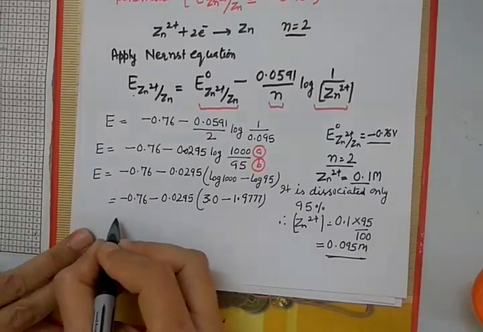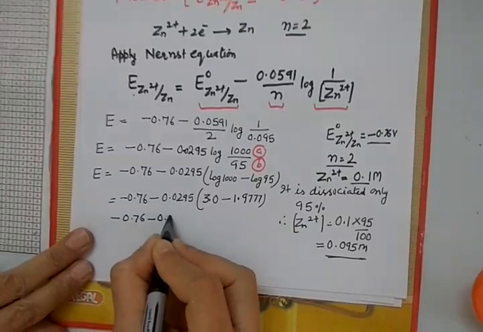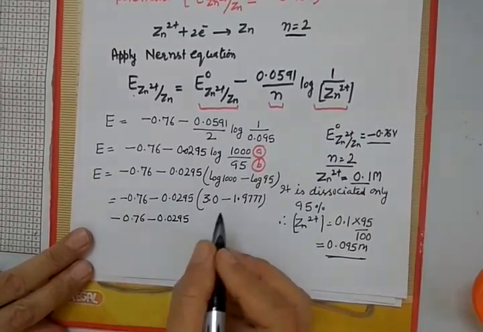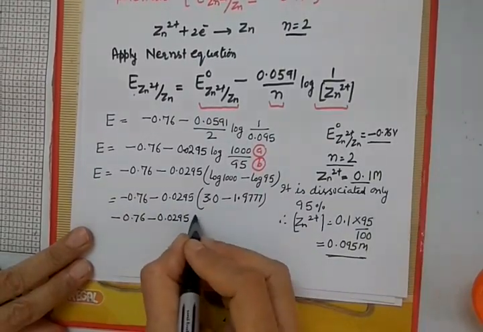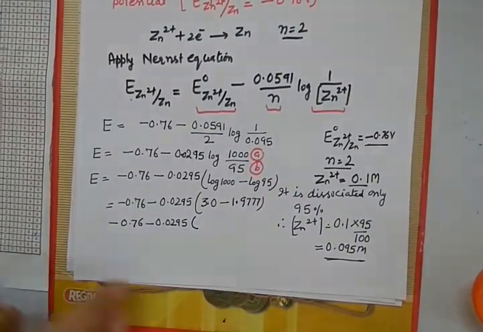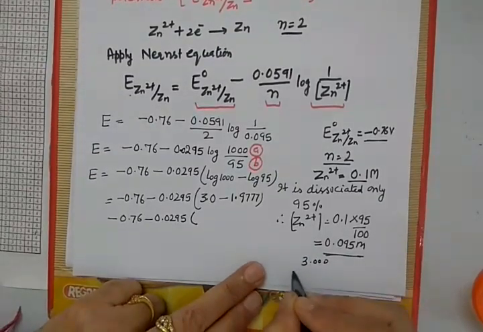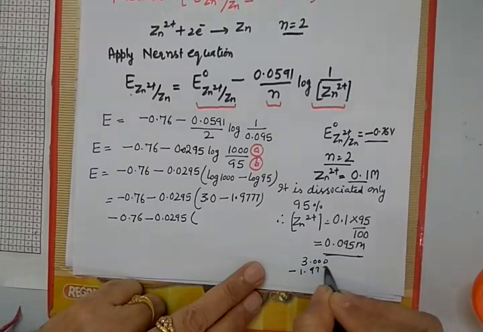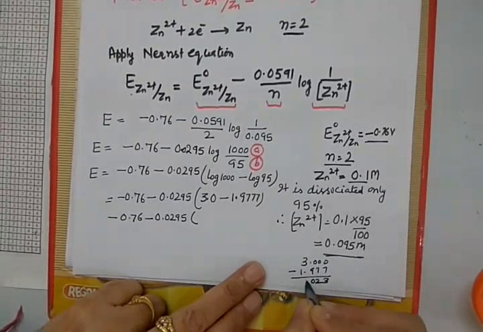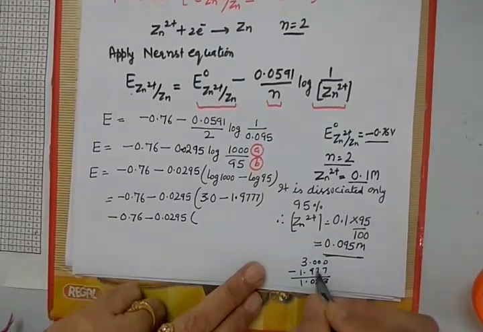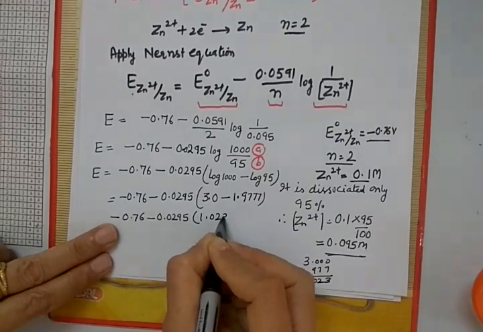So it will come out to be minus 0.76 minus 0.0295 into, we subtract, 3.000 minus 1.977, that is 1.023.